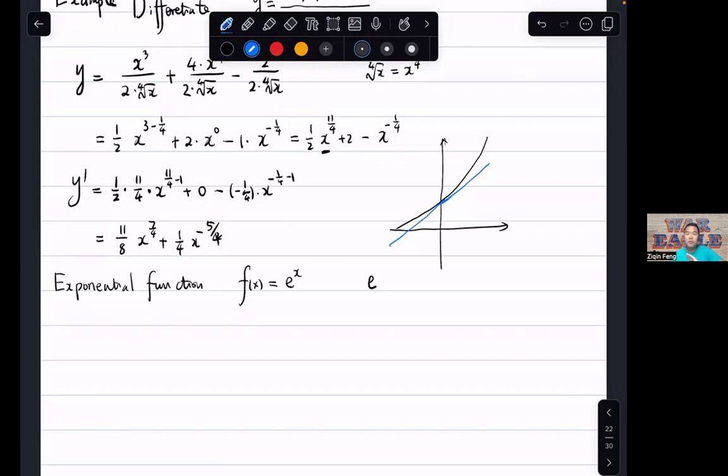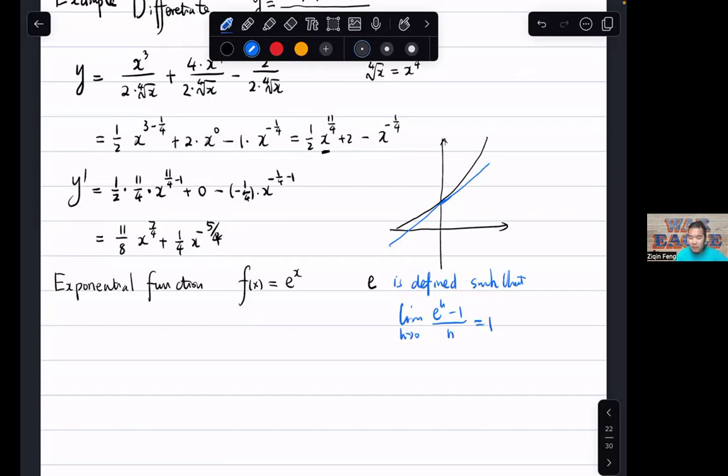So if you use that, e here is defined such that as h goes to 0, e to h minus 1 over h minus 0, because x value is 0, is a slope, right? This should be 1. So this is basically in terms of limit, how we define the number e. That's a unique number such that this limit is 1, right?